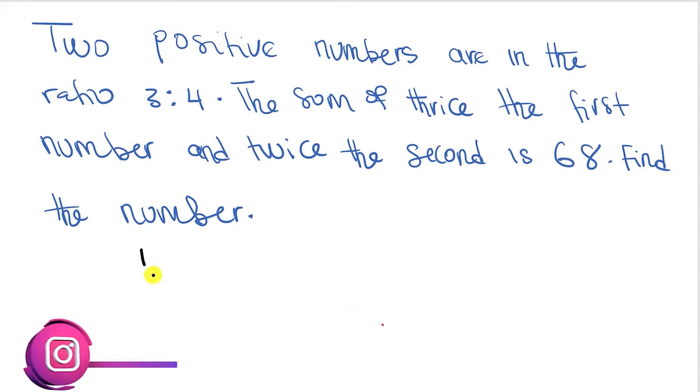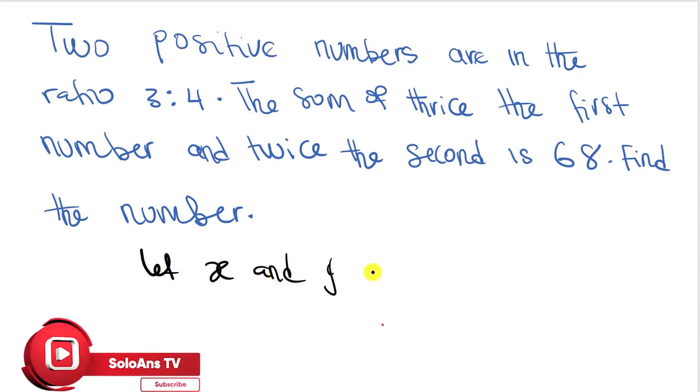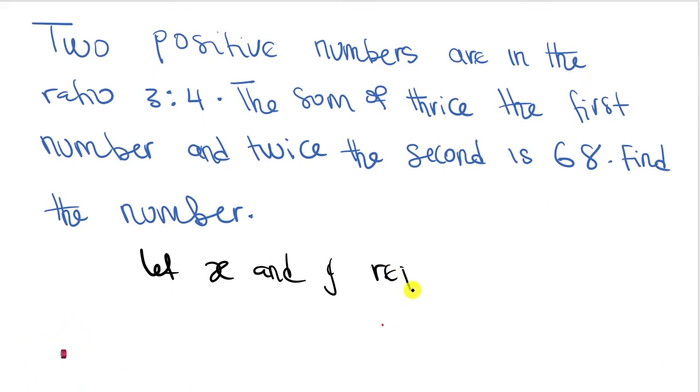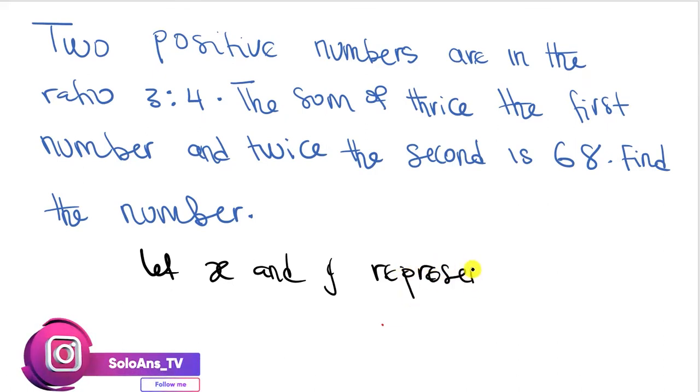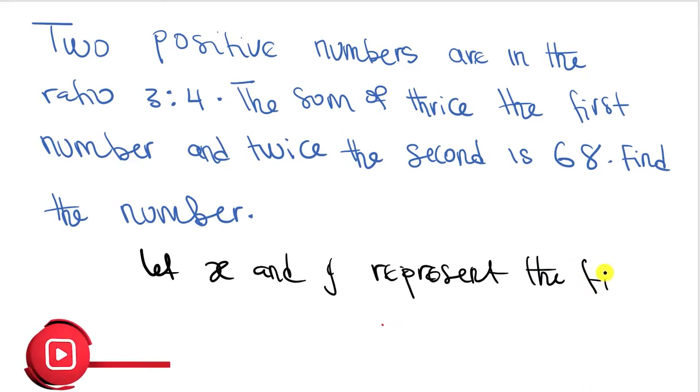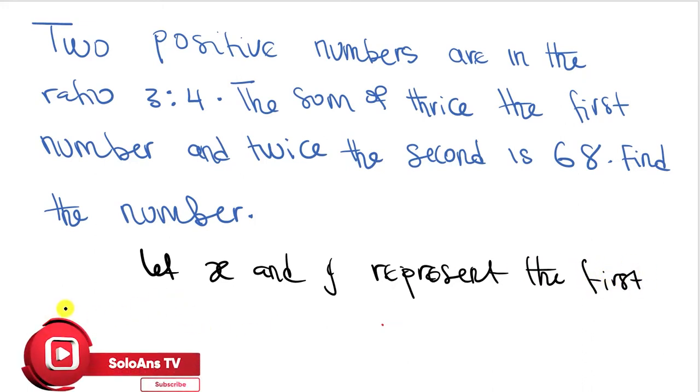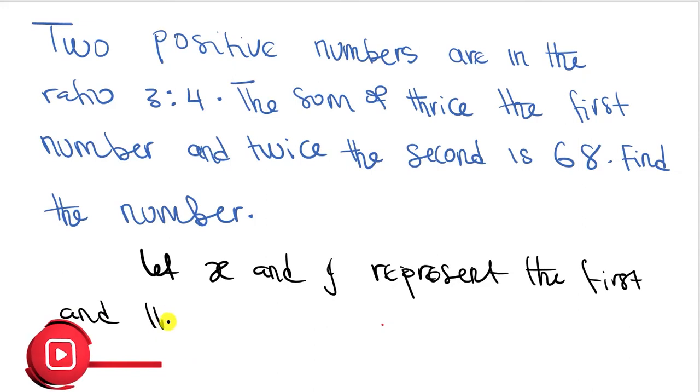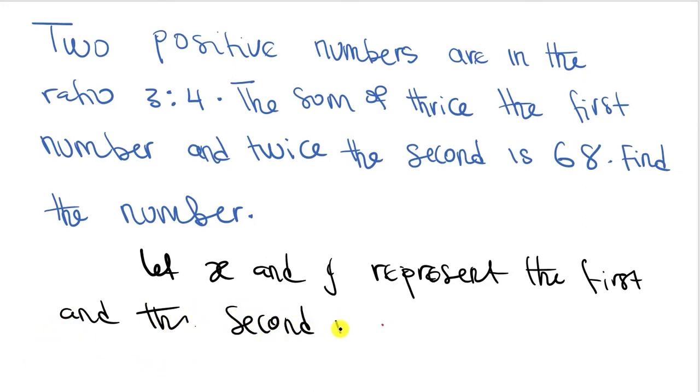Let's say x and y represent the first and the second number. So x is representing the first number, y is representing the second number.